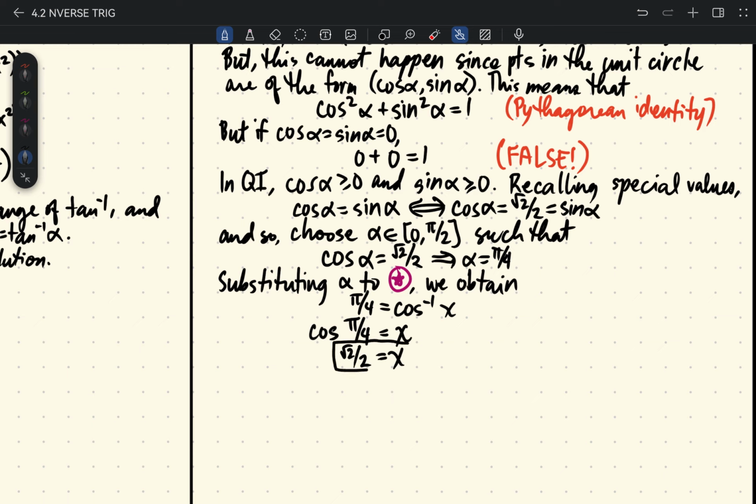Okay? I hope the third example is clear. Now let's proceed to our last example.